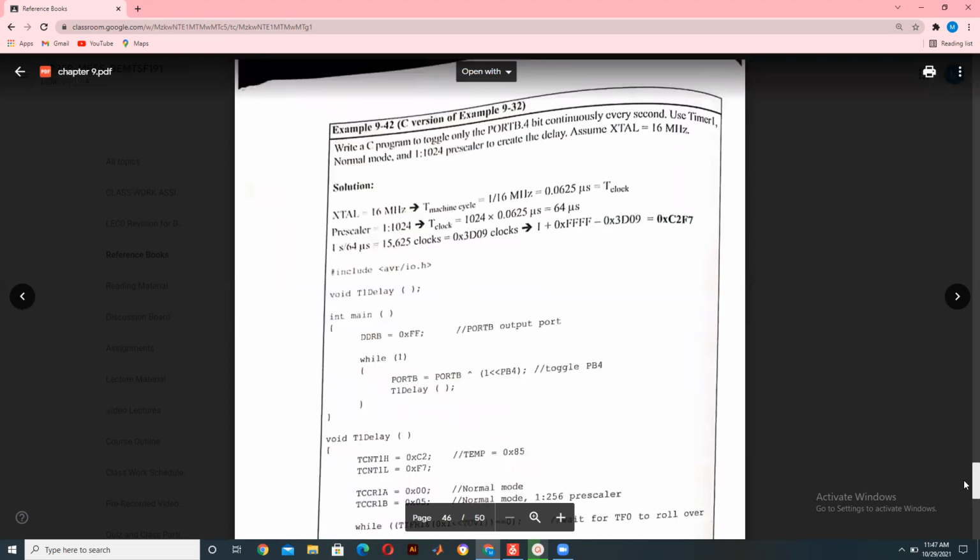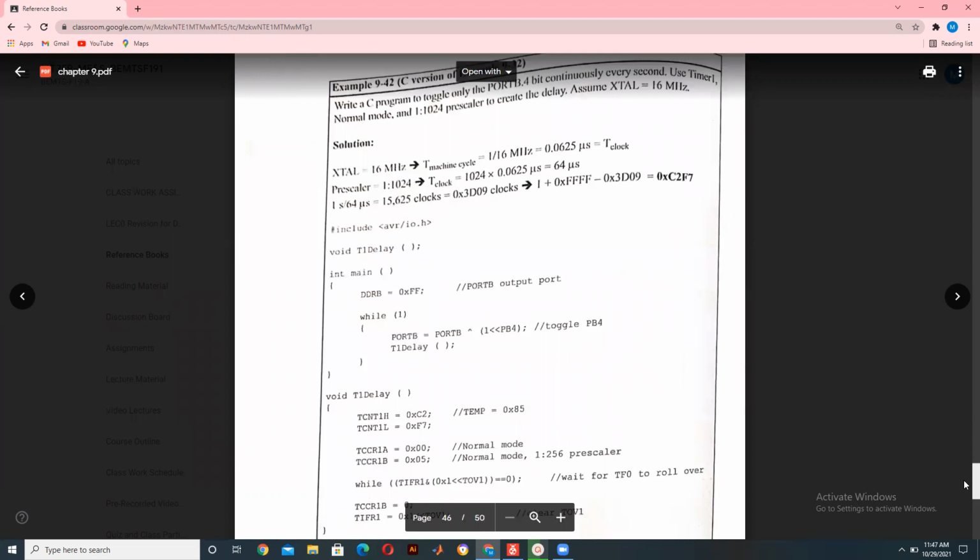Okay, then now the C program to toggle the 4-bit continuously every second.